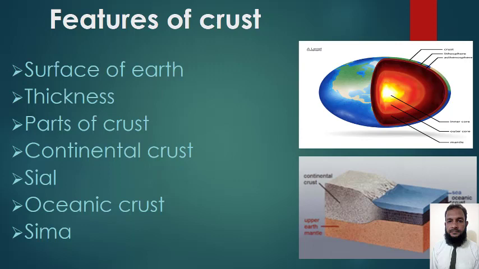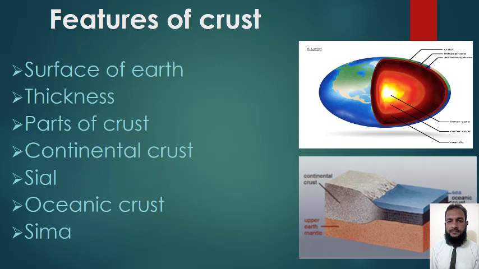Crust is divided into two parts. The upper part is known as continental crust. Continental crust is also shown in the picture, and the lower part is known as oceanic crust.